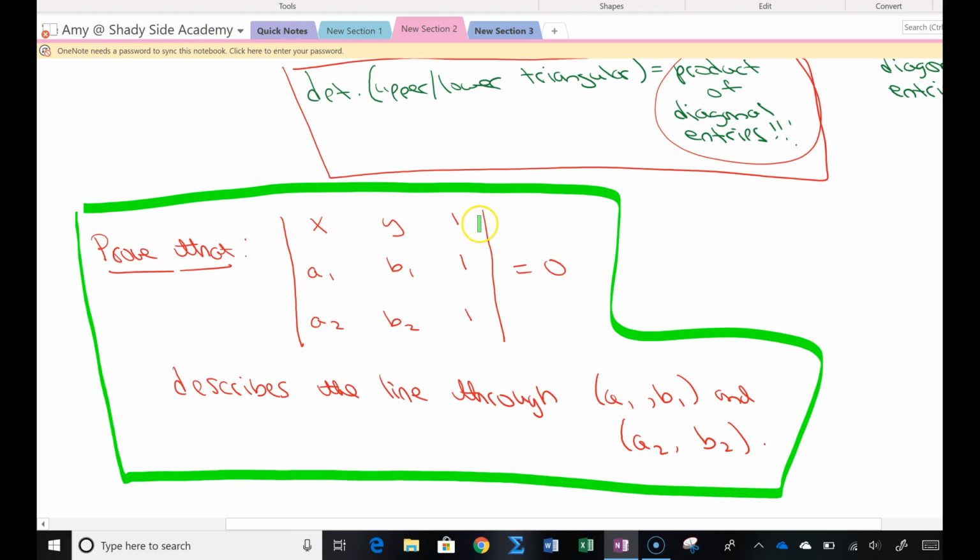I would like you to work together to prove that the determinant of this matrix, where X and Y stand in for variables, and A1, B1, A2, B2 are the ordered pairs of 2 points on the two-dimensional coordinate plane, and these are just ones, obviously. If you set the determinant of this matrix equal to 0, this equation describes the equation of the line through these 2 points.